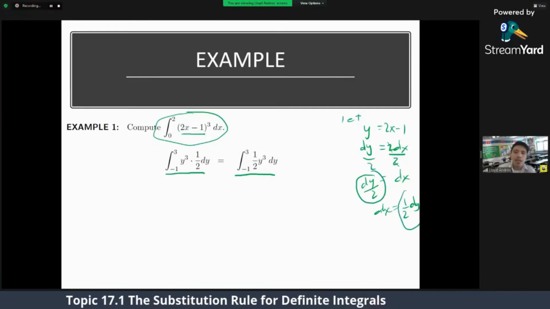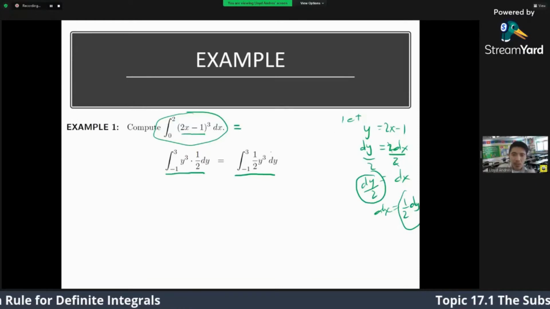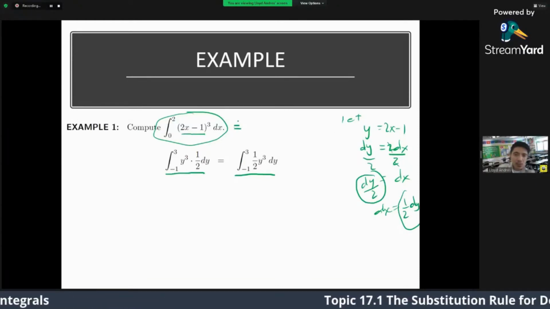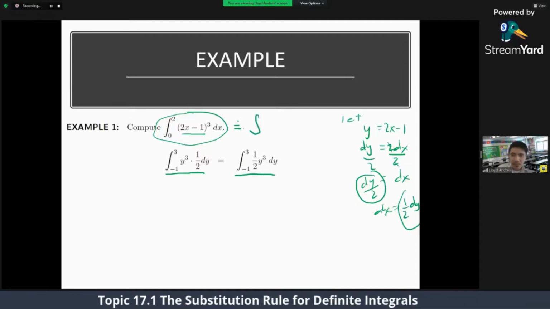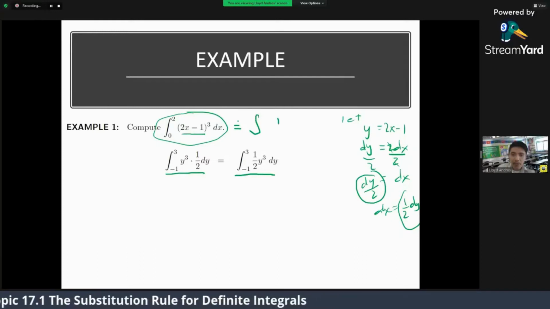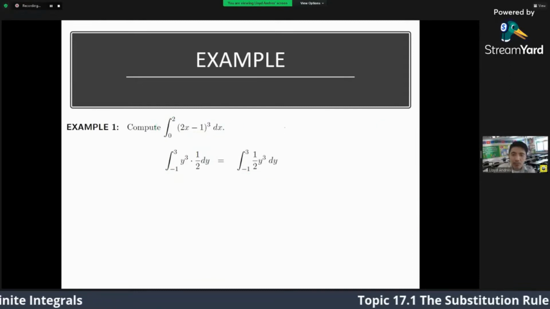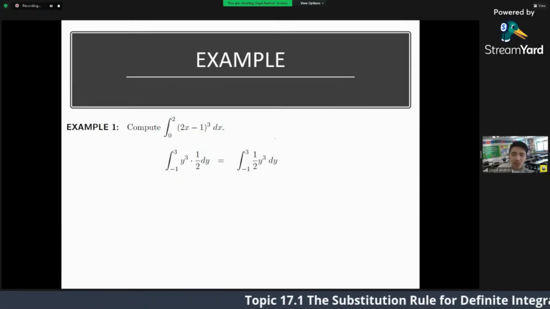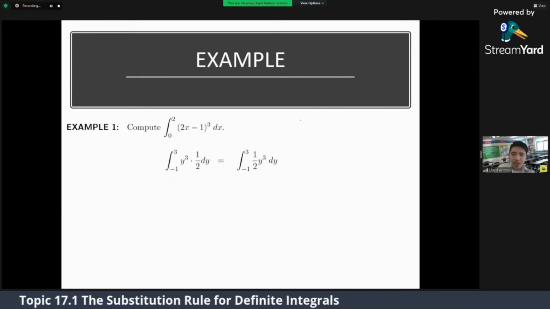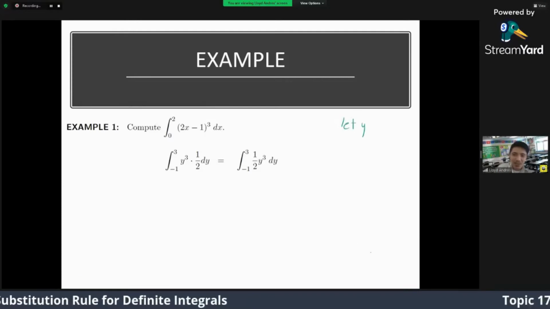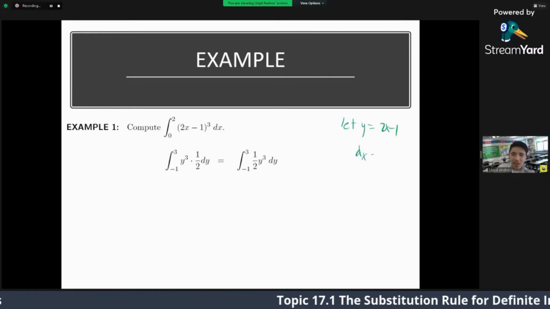So, by substitution, this is now equivalent to the integral of 1/2. Just take note that we let y equal 2x minus 1, and our dx is 1/2 dy.